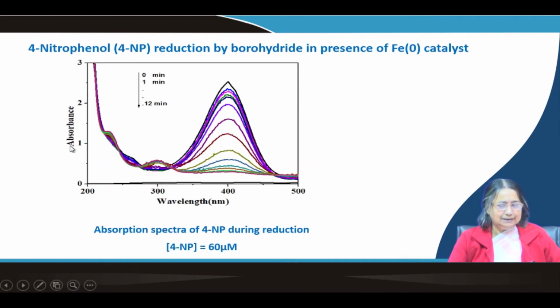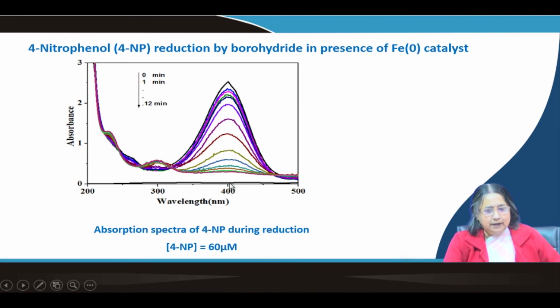You are not putting it, actually the instrument is doing it, and you are plotting absorbance against wavelength, because you are getting a lot of different monochromatic lights having different wavelengths. So, the maximum absorption occurs at 400 nanometers, okay. This is characteristic of the nitrophenolate.